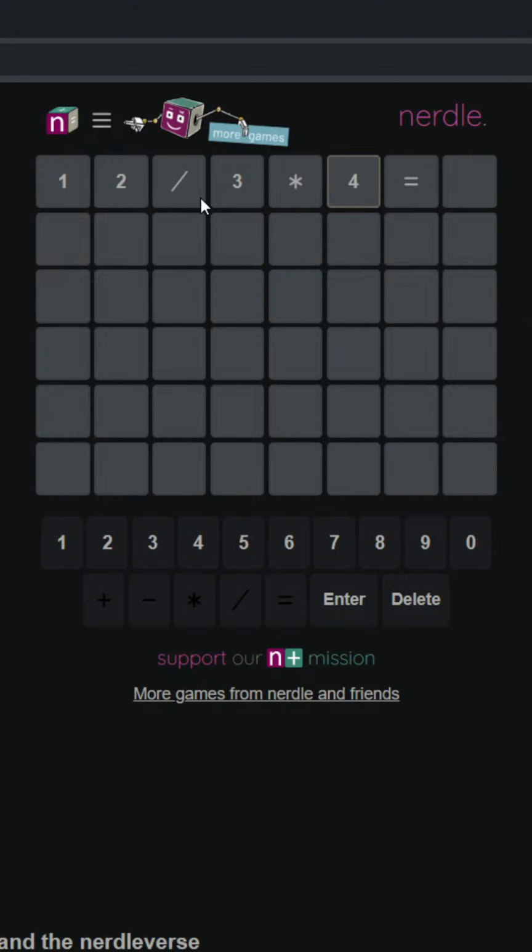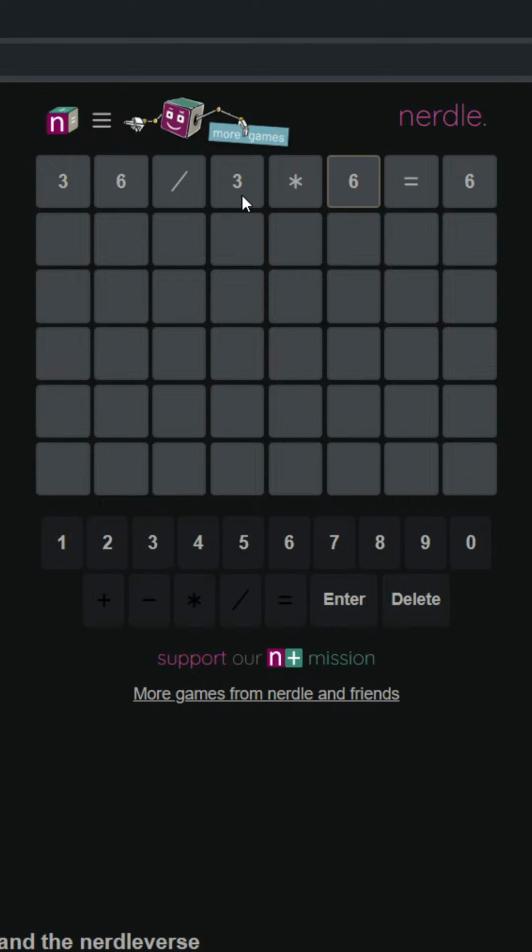12 divided by 3 is 4. 12 divided by 6 is 2. What about 24 divided by 3 is 8. Divided by 4 is 2. Divided by 6 is 4. About 36 divided by 3 is 12.